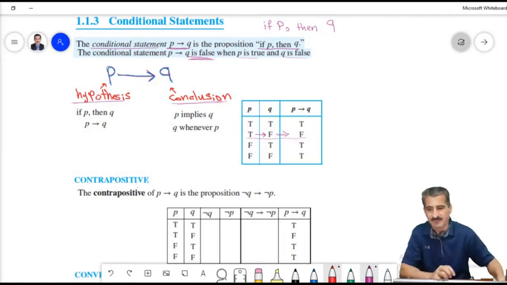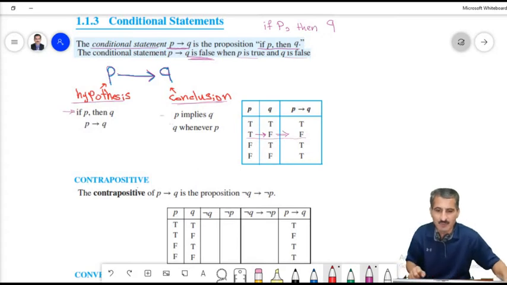Okay. And again, it is read if P, then Q, or P implies Q. We read it this way, or we read it this way, or Q happening whenever P. But we will most of the time say if P, then Q, or P implies Q. Okay?